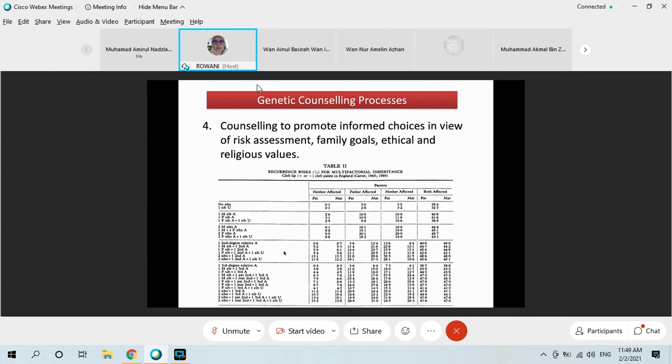Then you counsel them with regards to risk assessment. Just now, as I mentioned, for example, if a child has cleft palate, you look at this table.